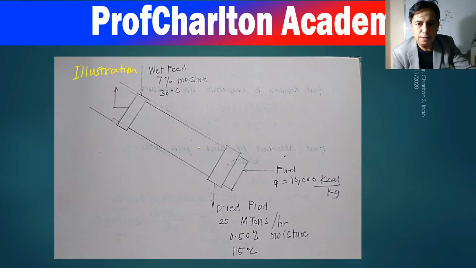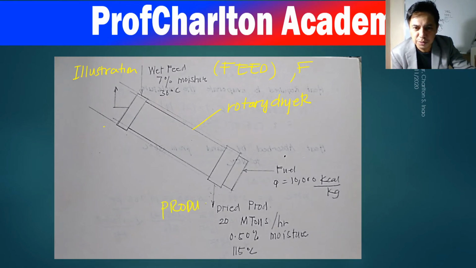So here is the rotary dryer, and the rotary dryer has two sections. One is the feed side, F, and here, the product or producing segment.